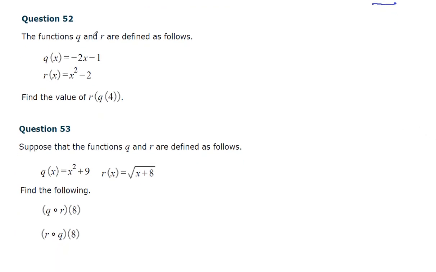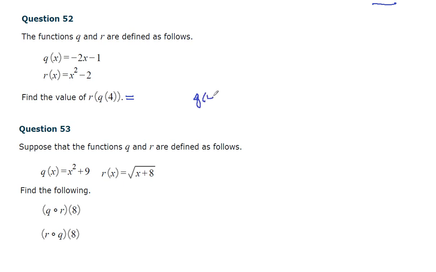So here they give us functions q and r. Q is negative 2x minus 1. R is x squared minus 2. They want us first to find r of q of 4. So let's see here. R of q of 4. Okay, so this means, do the inside first here. The q plug in 4.